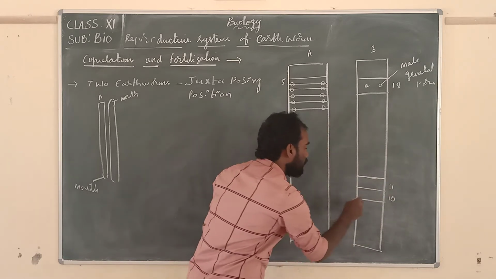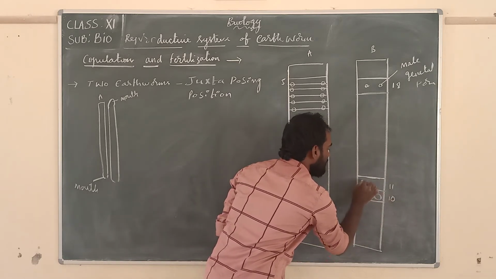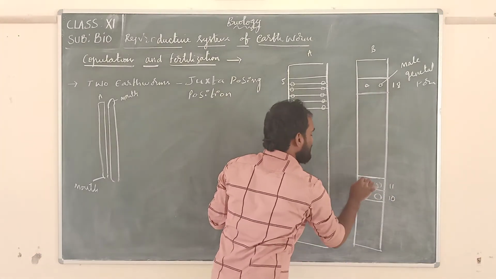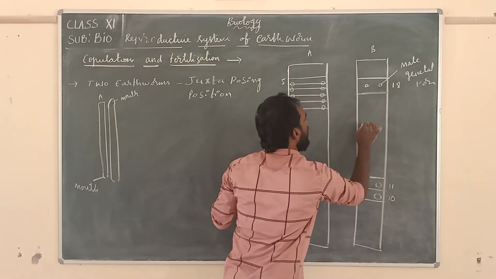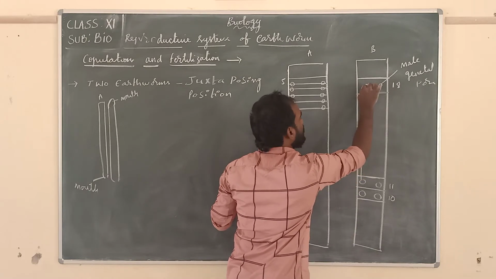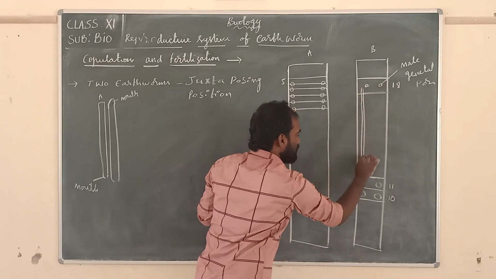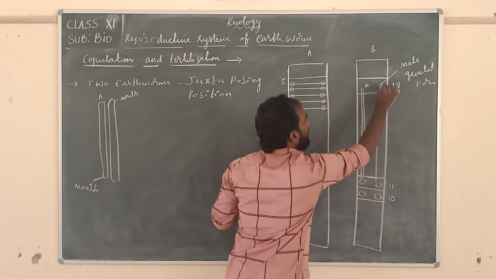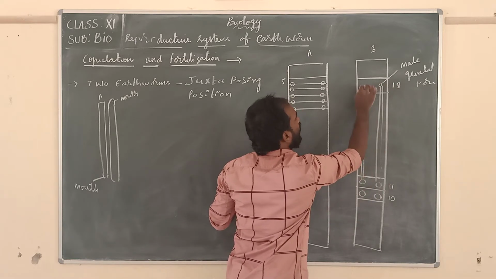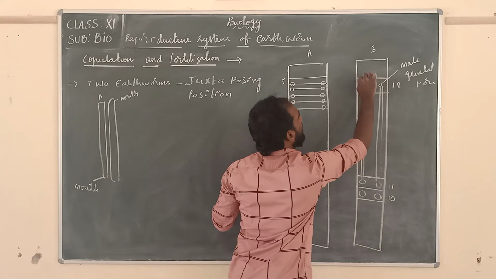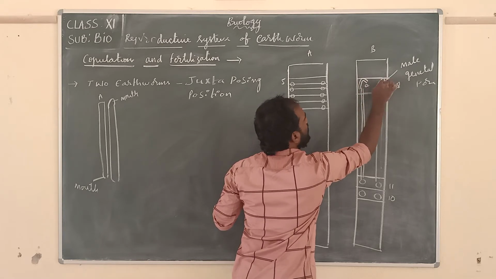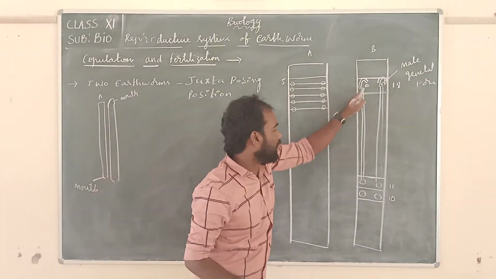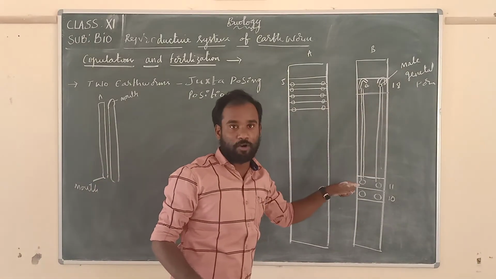I already told you, here one pair of testes, here another pair of testes will be there. Now these testes will join like this with the vas deferens. Now from here the common spermatic duct will come. Now this is the male genital pore. This is the male reproductive system.